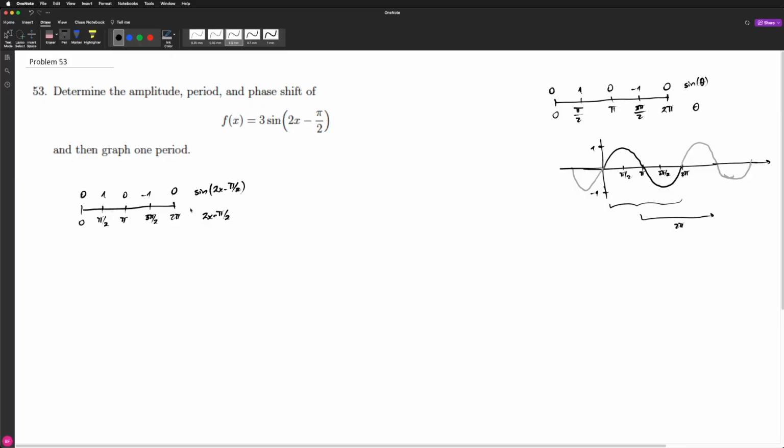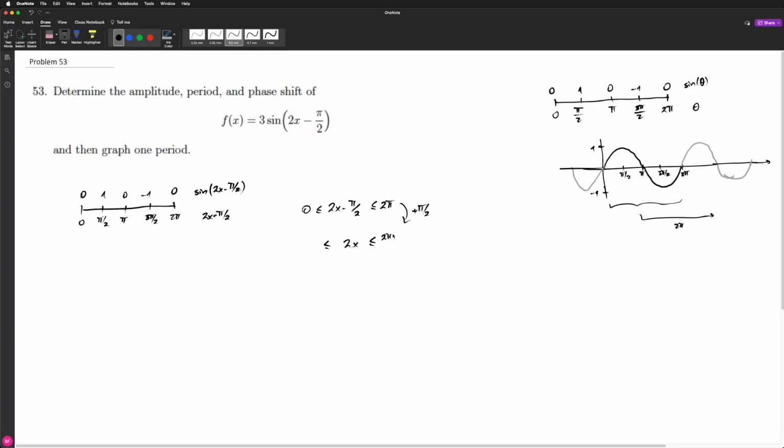So the period I'm having is a period for 2x minus pi over 2. But my horizontal axis is not going to be 2x minus pi over 2. It's going to be just x. So what I need to do is get a period for my x by solving this inequality. And that's kind of straightforward, and that's going to tell me the horizontal transformation.